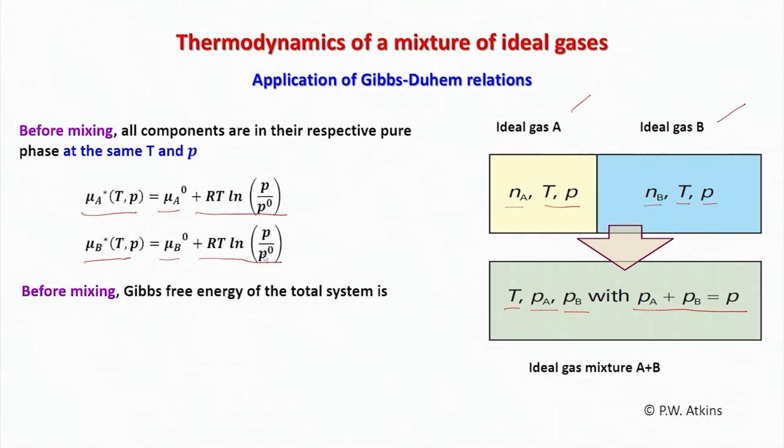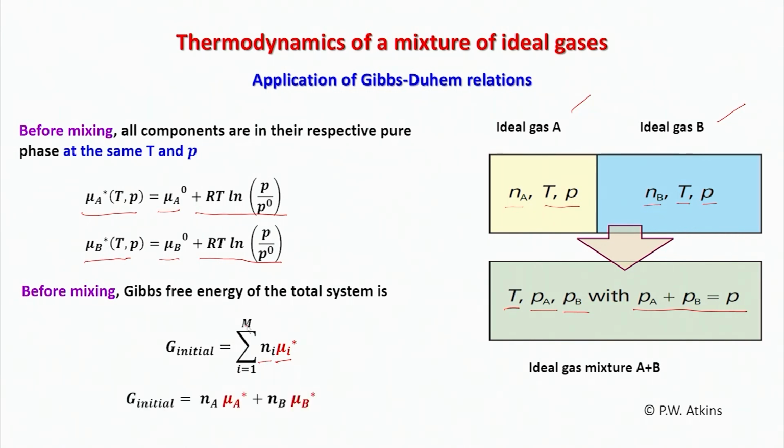Therefore, before mixing, what would be the Gibbs free energy of each of the pure phases taken together but not interacting with each other? So before mixing, G initial is going to be the sum of Ni mu i star, where i goes from 1 to m. So in this particular example, m is equal to 2.